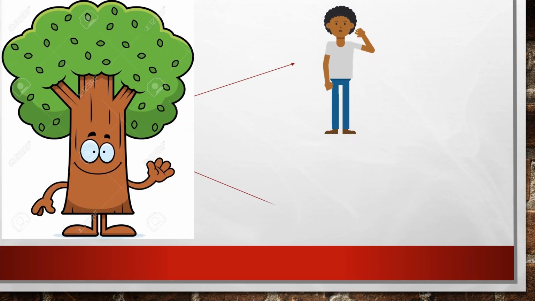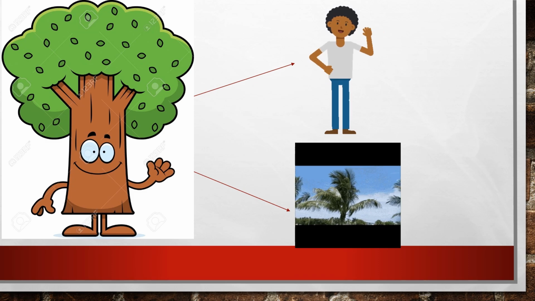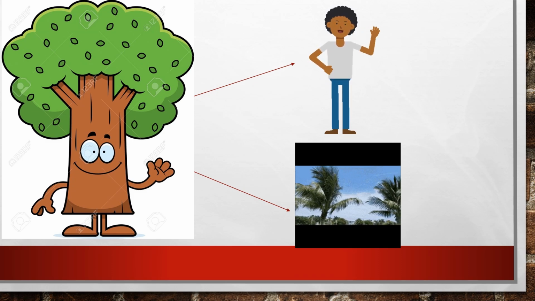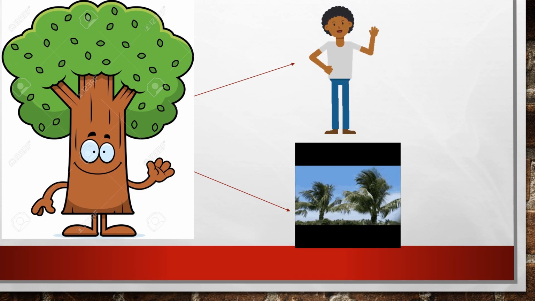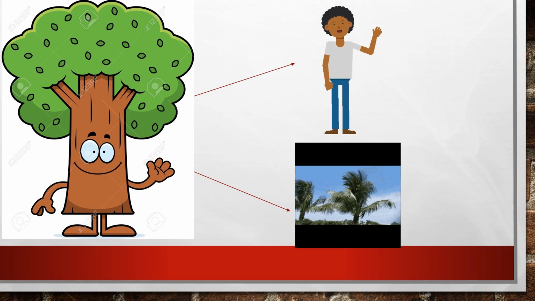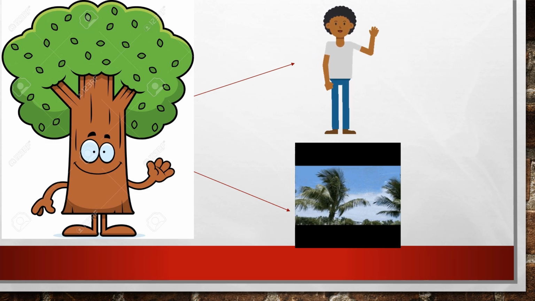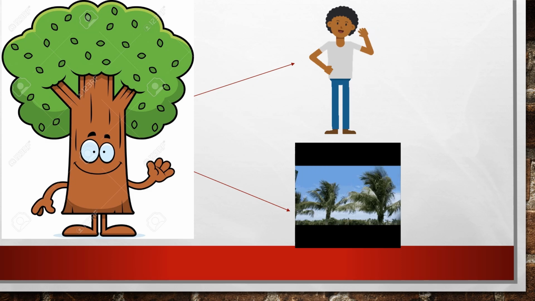Okay, now I'm going to break down how personification works. When you describe something that is not human, like a tree, you could say, the tree branches waved hello in the wind. Here, the tree is performing a human action which is waving, something that it cannot physically do.